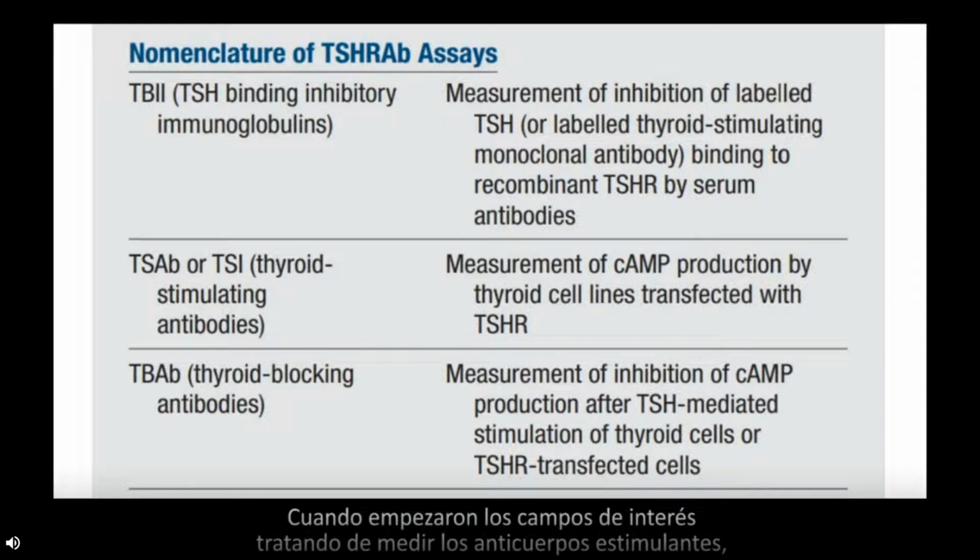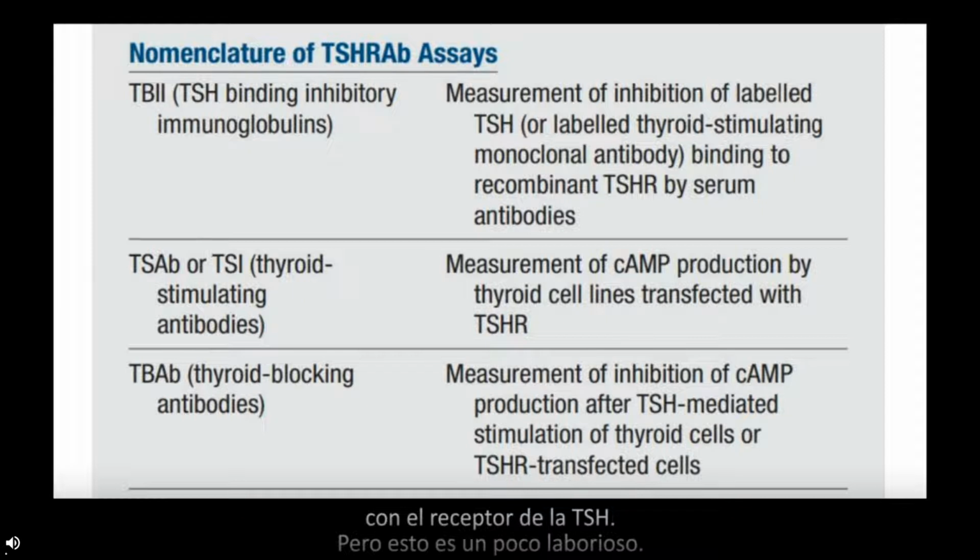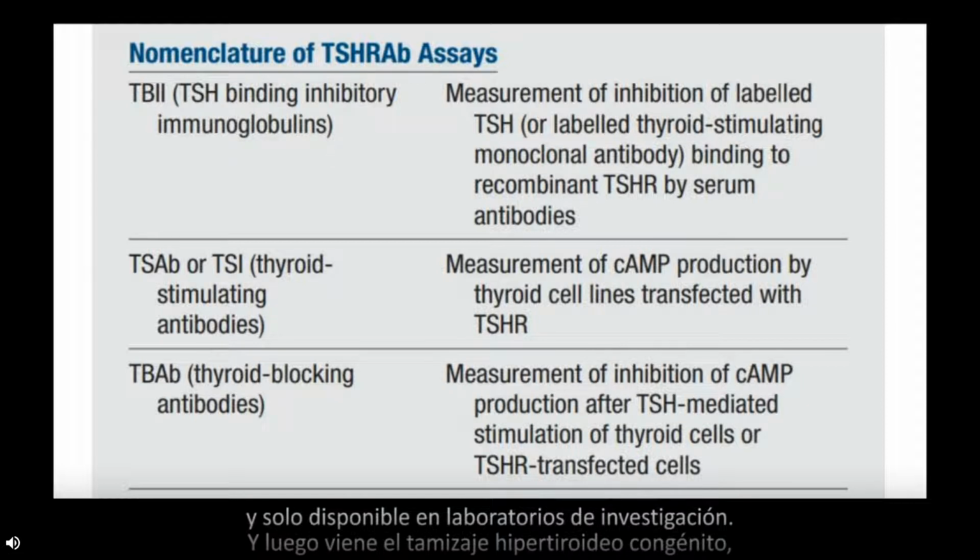When the field first started, there was interest in trying to measure the stimulating antibodies, which is evidenced by the production of cyclic AMP in thyroid cell lines that have been transfected with the TSH receptor. But this is kind of laborious and only available in research laboratories.